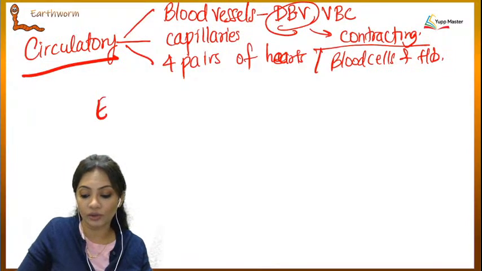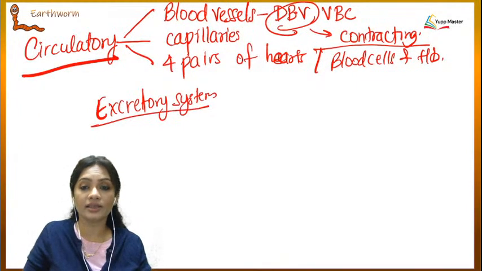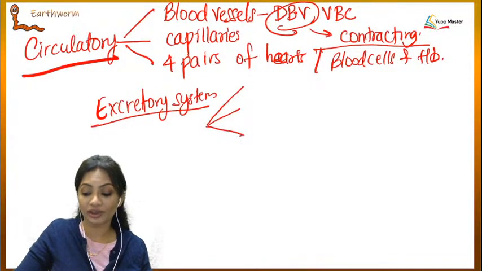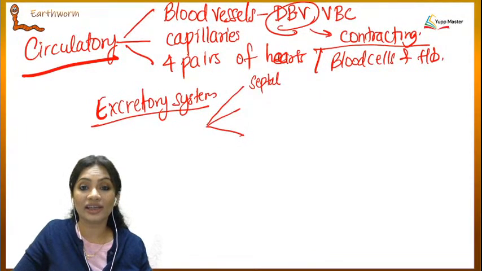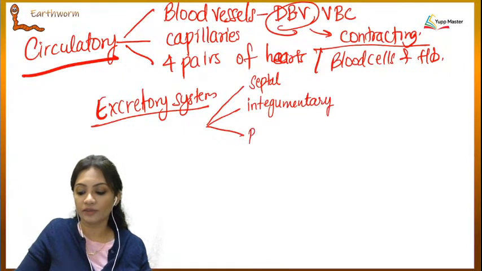Then we moved on to the excretory system. Remember the excretory system? Based on the location, we had three types: first was septal, then integumentary, and third was pharyngeal.